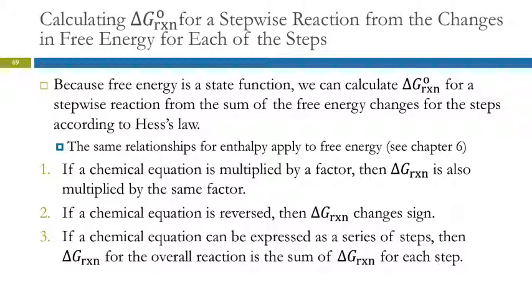It doesn't actually have to occur that way, because the state function doesn't depend on exactly how you got there. It's just where you started, where you ended up. So same relationships for enthalpy apply to free energy. If you multiply the equation by a factor, then you multiply delta G by a factor. If you reverse the reaction, you change the sign on delta G, and then we can add these things together.